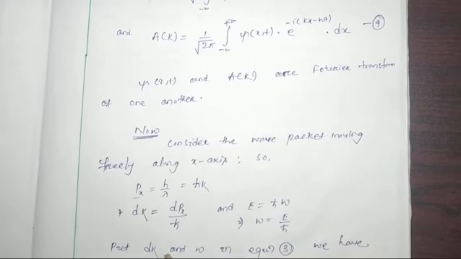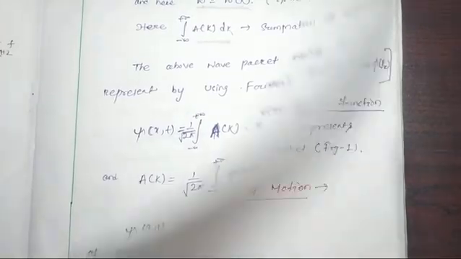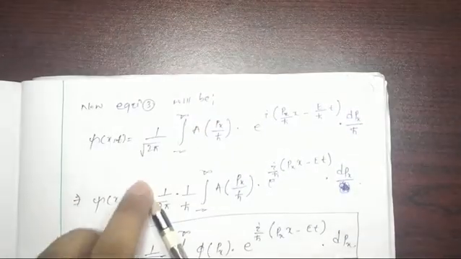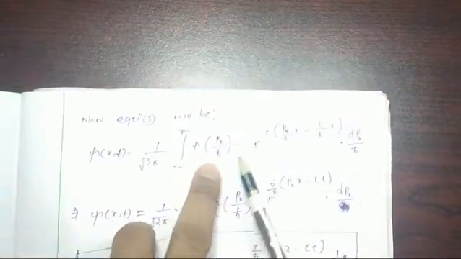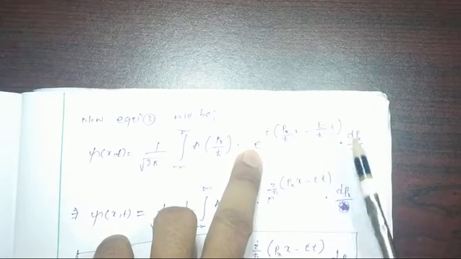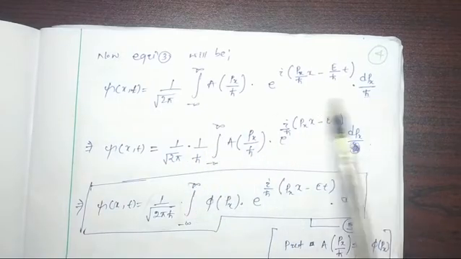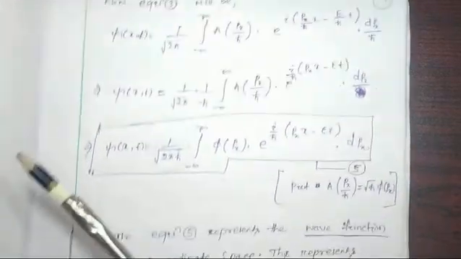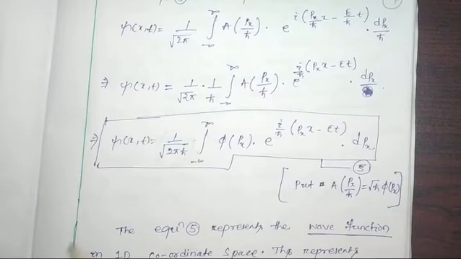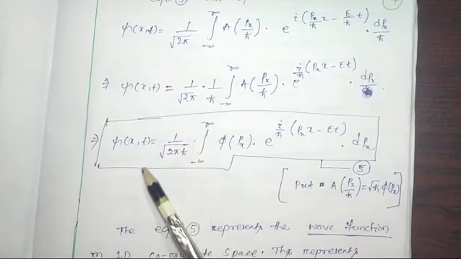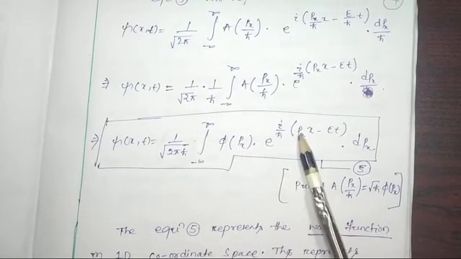Putting dk and omega in equation number 3, we get psi(x,t) equal to 1 by root 2 pi h cross, integral of phi(p_x) e to the power this much, dp_x.